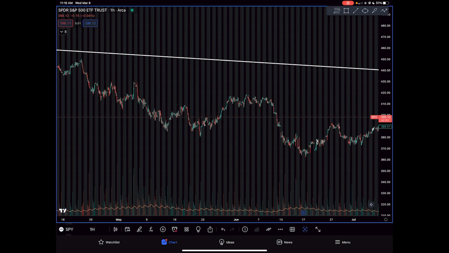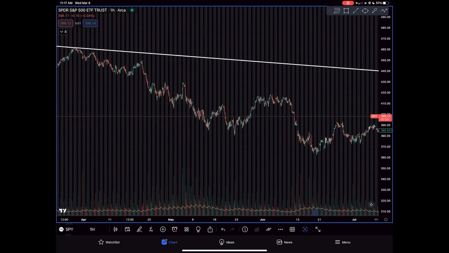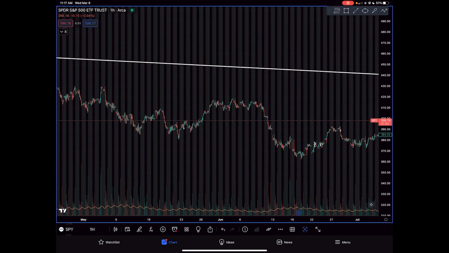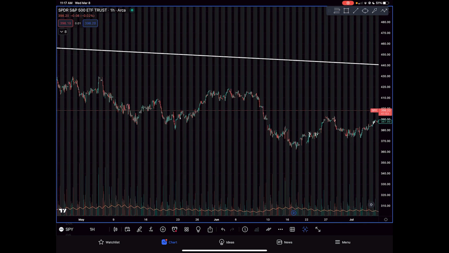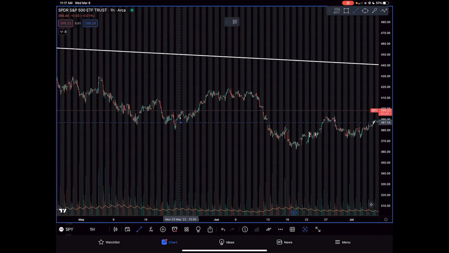First, let's look at some examples of ambiguous, uptrend and downtrend. I'm looking at SPY right now on the hourly chart. When I'm looking for a support and resistance range, keep in mind these can be horizontal or diagonal. It doesn't have to be just horizontal. I get my trend line tool out, and I'm looking for common highs and common lows.